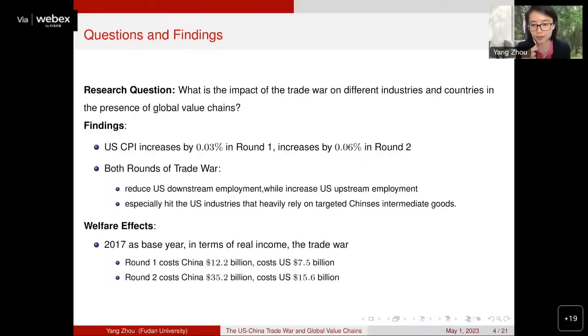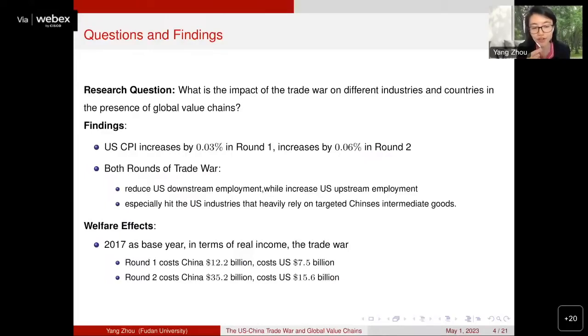So the upstream producers happen to be the groups which benefit from this trade war. And this especially hits the U.S. industries that heavily relied on targeted Chinese intermediate goods.